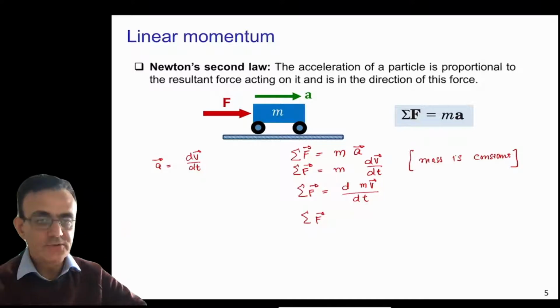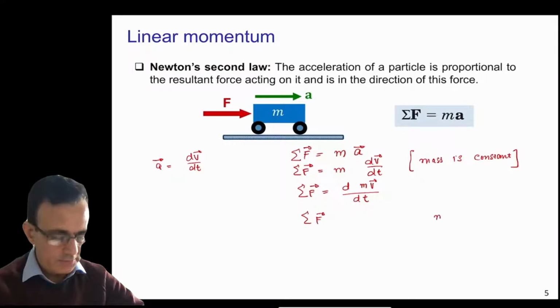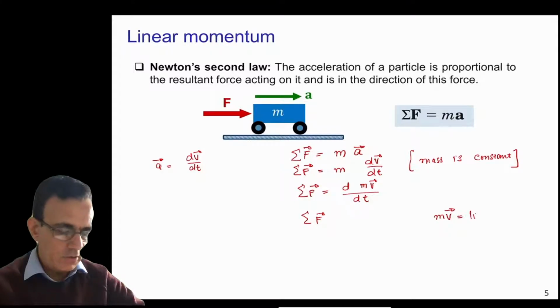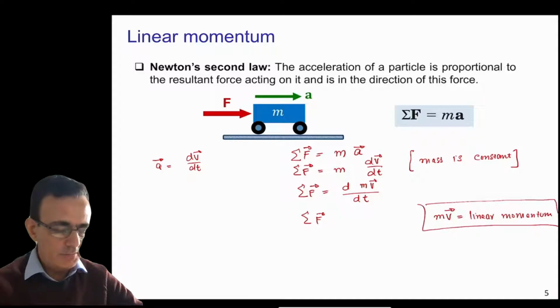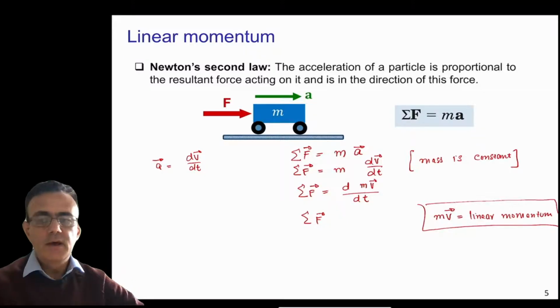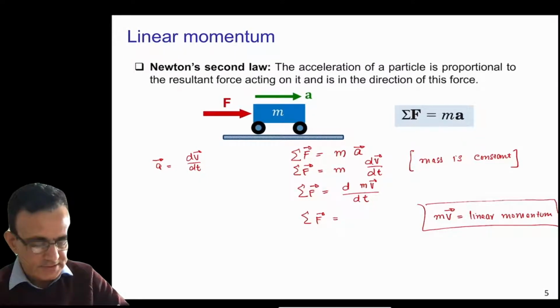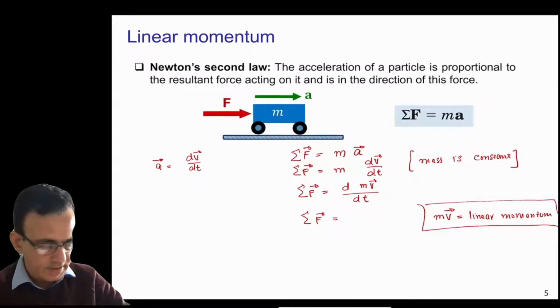Here we introduce a term, mv, which we will call linear momentum, and we denote it by G. If you multiply velocity by mass, this is what we call linear momentum.